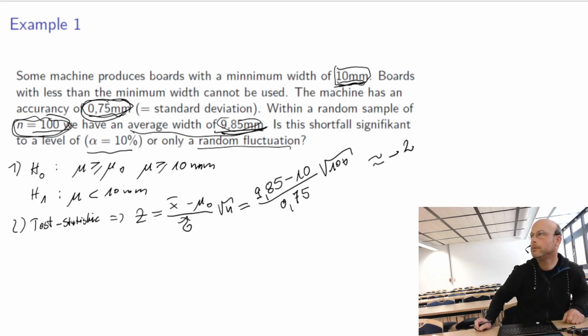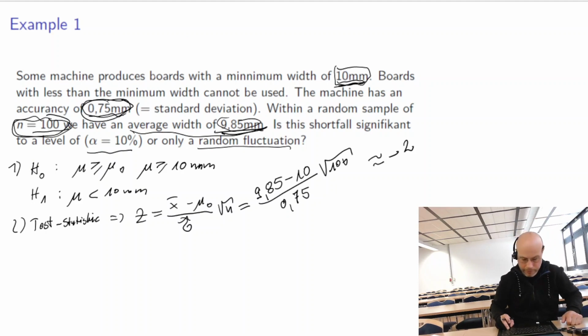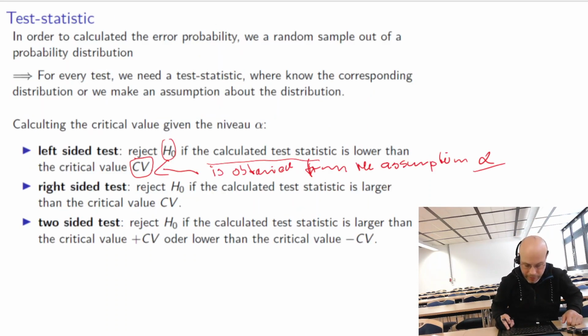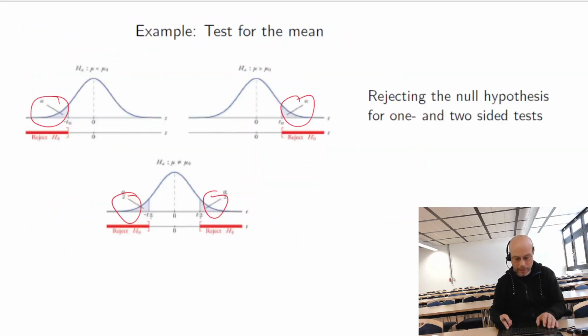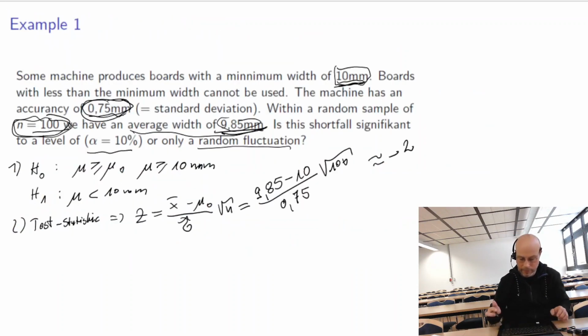So, what do I have to do? Comparing this with our critical value. How do I obtain my critical value?